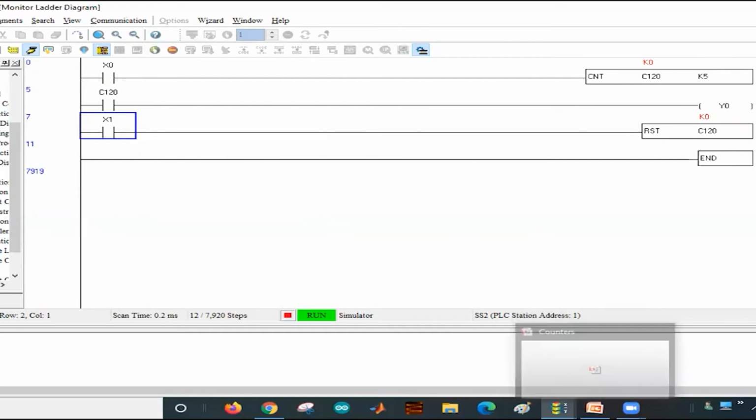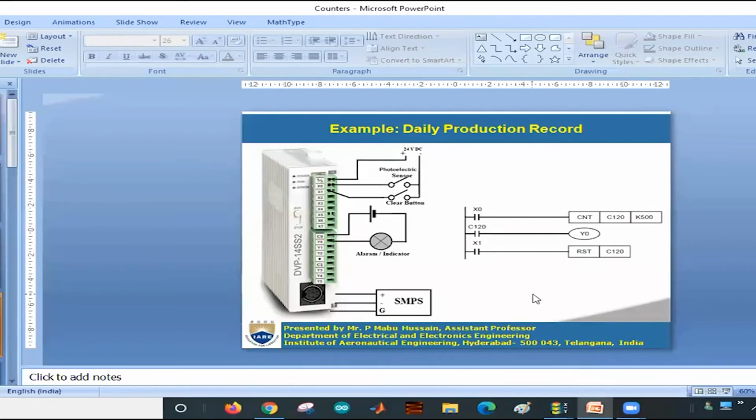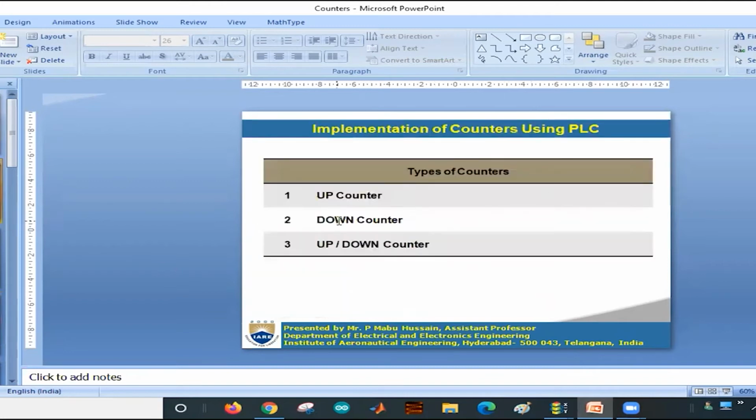So this is about the up counter, which is used in the daily production industry to record the number of products produced in a day. Then what is the second counter? Down counter. As I said before, a down counter alone cannot be used in any application.